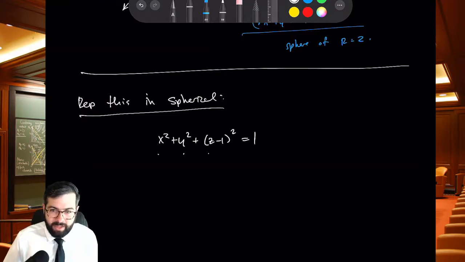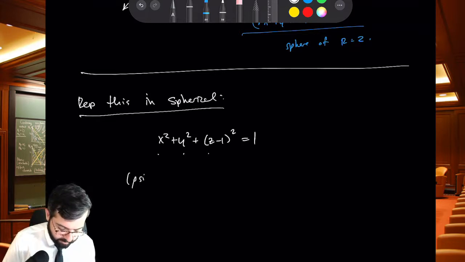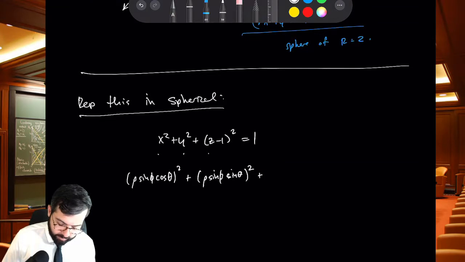So x is rho sine phi cos theta, but it is squared. Y we said is rho sine phi sine theta, squared. Plus z we said was rho cos phi.